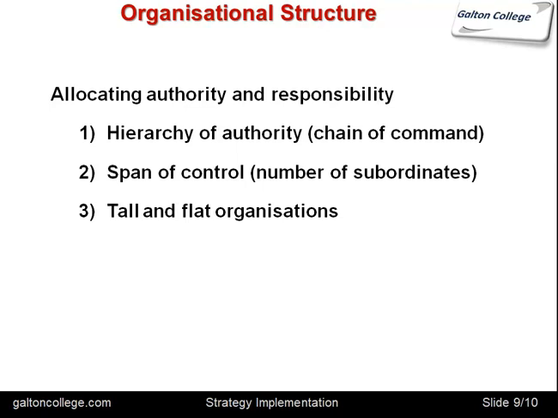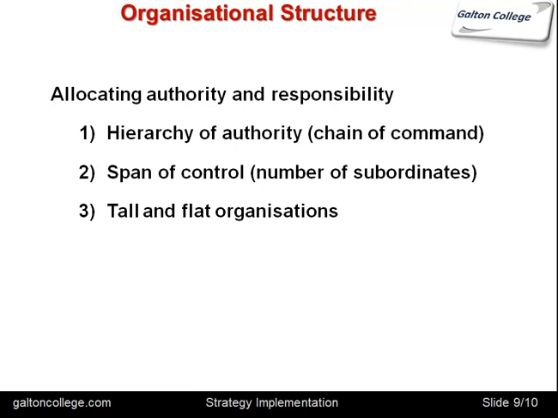The distance or the authority hierarchy is much shorter. So a person working on the shop floor or performing particular functions will be closer to the CEO, will perhaps know the CEO because the CEO is more involved and is working alongside these various employees.